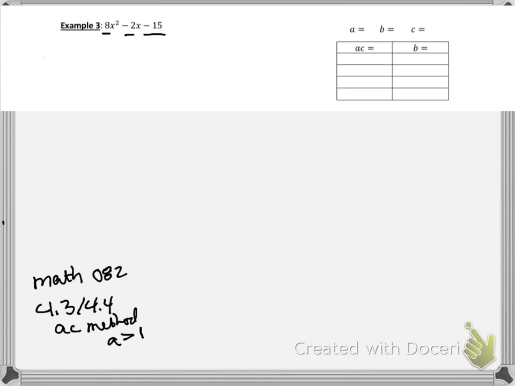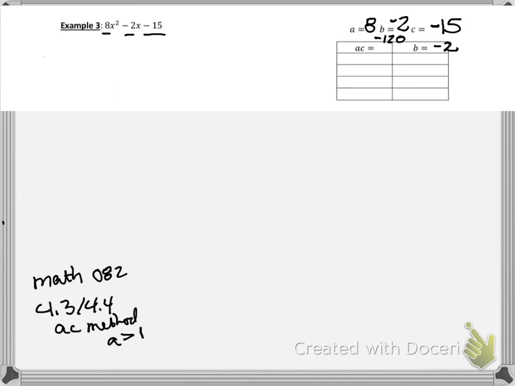So if you want, you can pause this video and take a minute to do that, or you can keep watching and I'll pick those out for you. So our A is 8, our B is -2, and our C is -15. So our AC is 8 times -15, which gives us -120, and then B is -2.